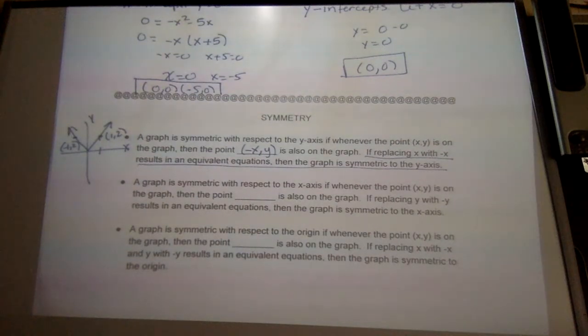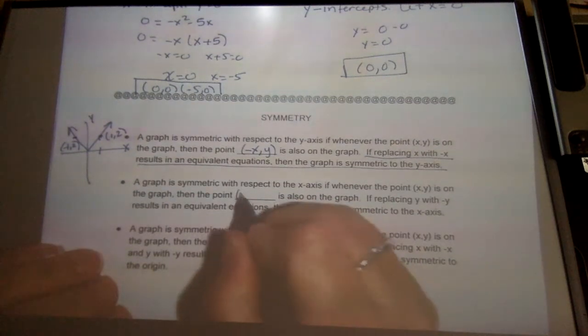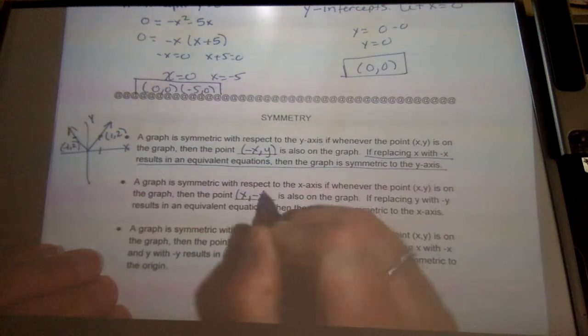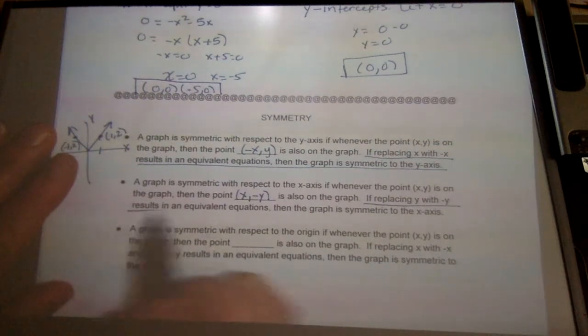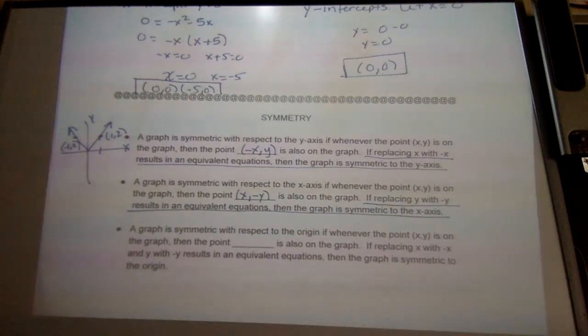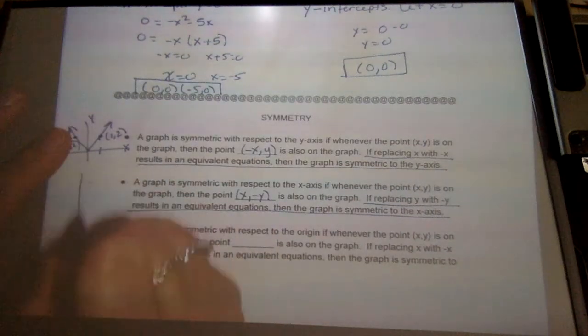Symmetry with respect to the x, that's going to be (x, negative y). This says if replacing y with the negative y results in an equivalent equation, then we have symmetry with respect to the x-axis. An example of that would look like this.